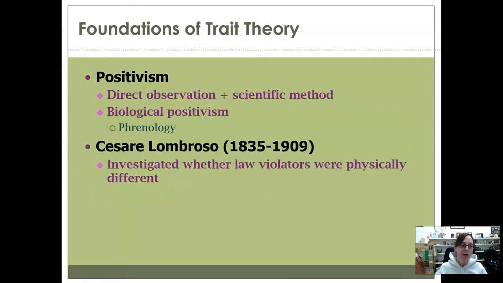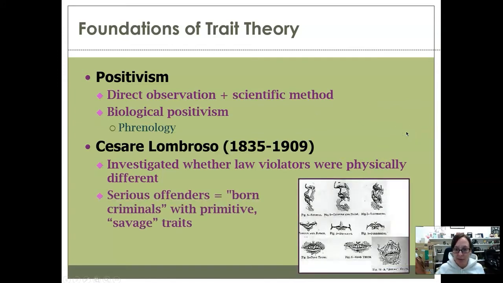Lombroso was very much about this biological positivism, and that there are traits that we can link to criminality. He looked at whether people who violated the law, not your run-of-the-mill petty thief, but serious law violators, were physically different from non-law violators.